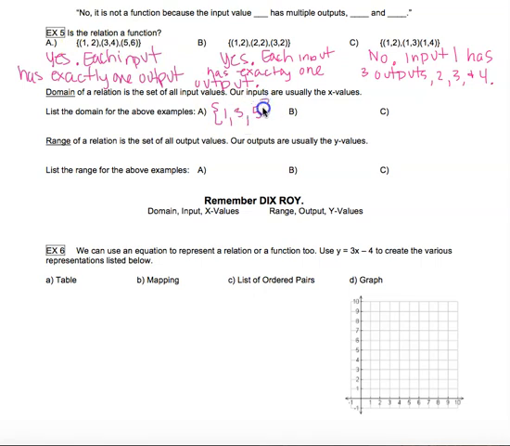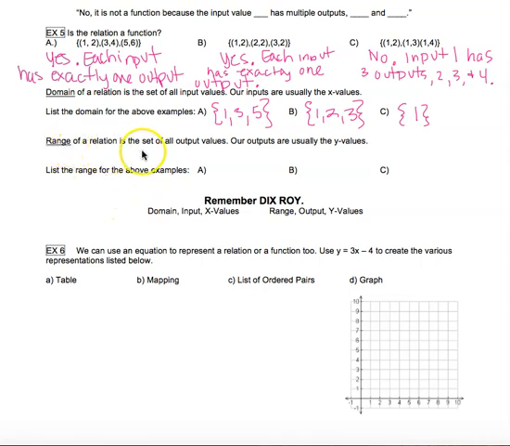When you list domain and range, you don't list things more than once. So if you have a repeat, you only list it one time. For B, my inputs, my x's were 1, 2, and 3. And for C, 1, 1, 1, like I said, you don't list it double. Don't repeat it. It's just one. That's the domain, and that's it.